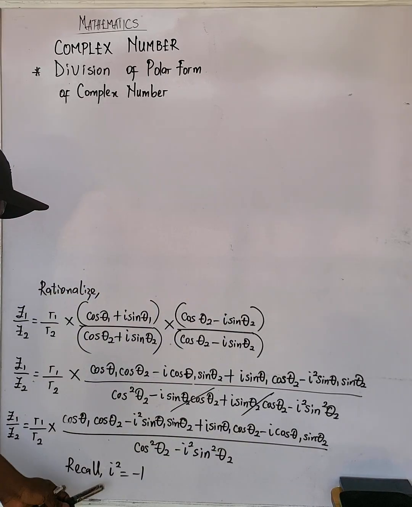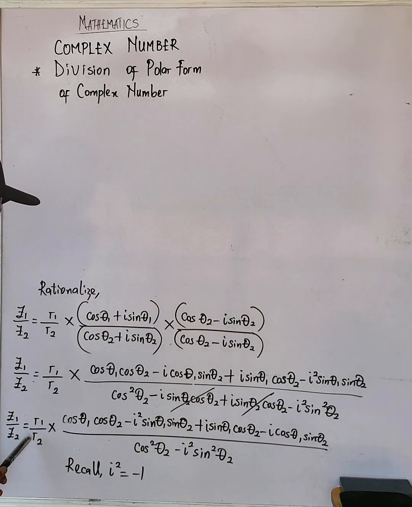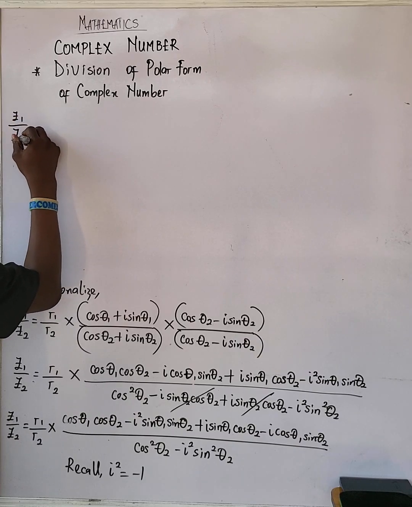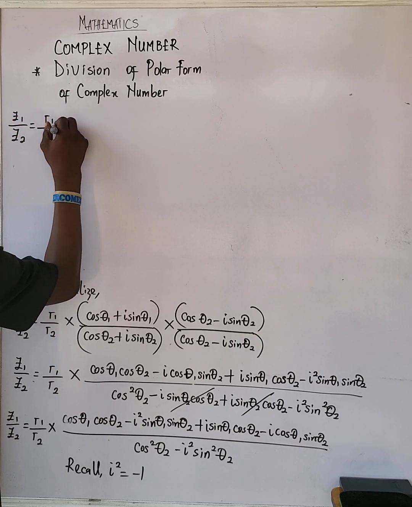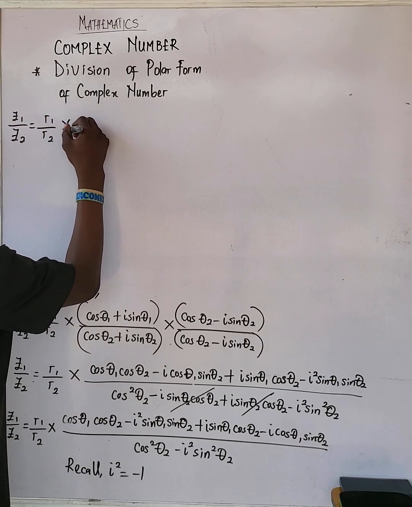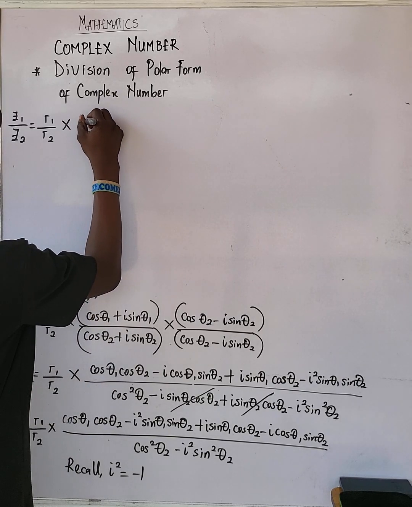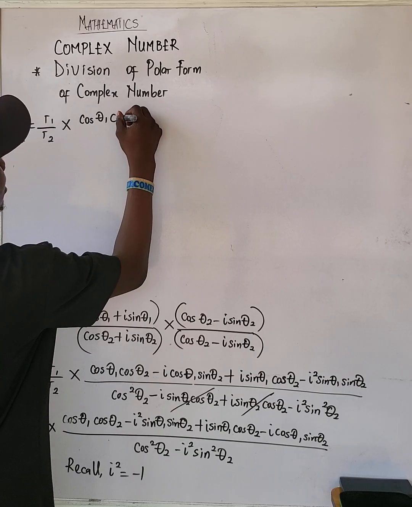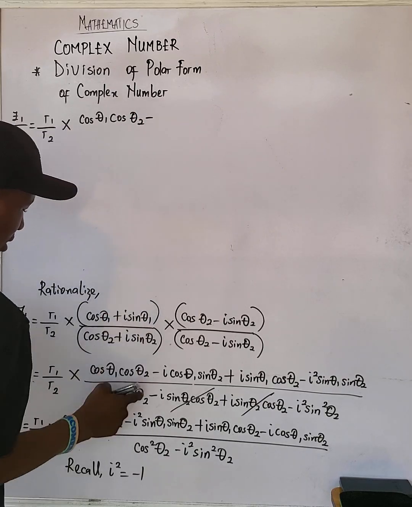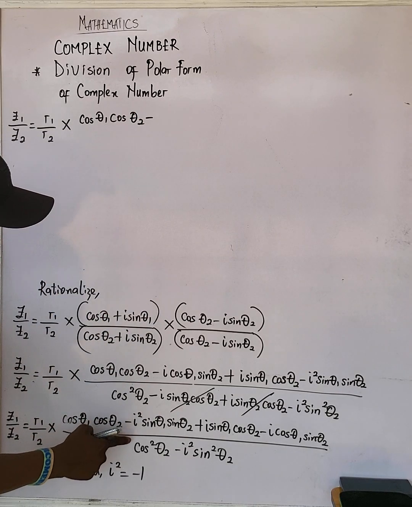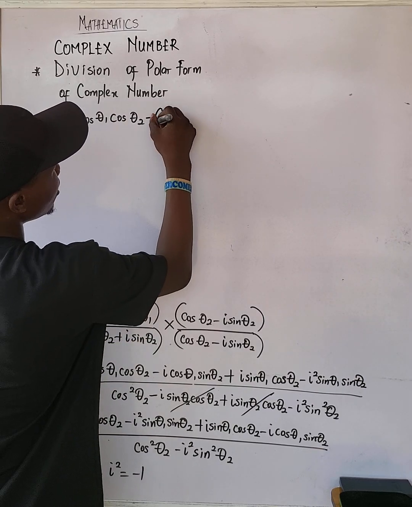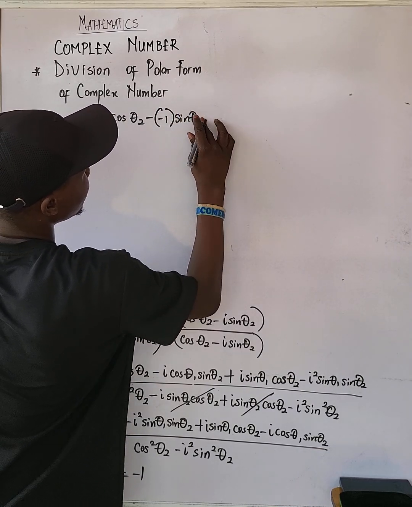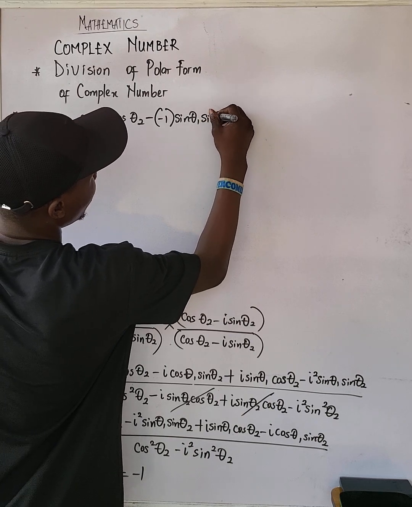So let's continue. Recall that i square is equal to minus 1. So let's insert it here. We have Z1 over Z2 equals R1 over R2 multiplied by cos theta 1 cos theta 2 minus, this minus is this minus here. Then i square is minus 1, so that will be minus 1 sin theta 1 sin theta 2.